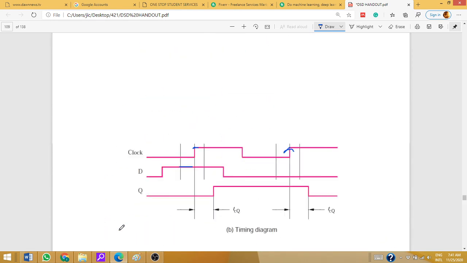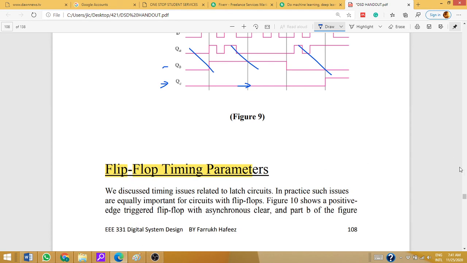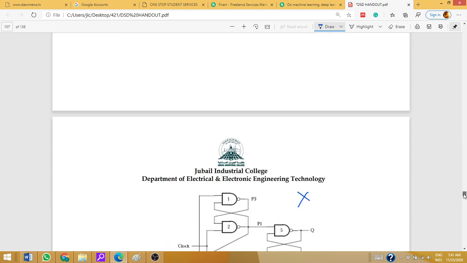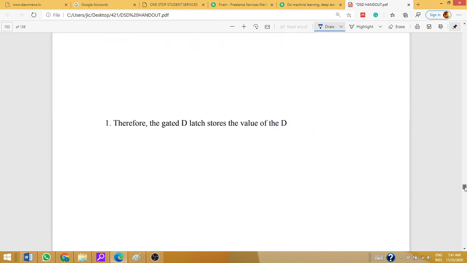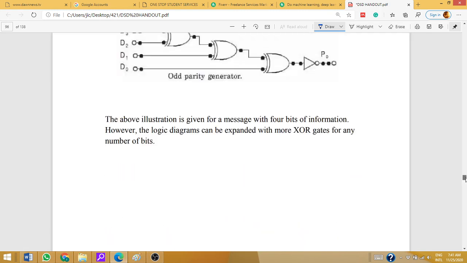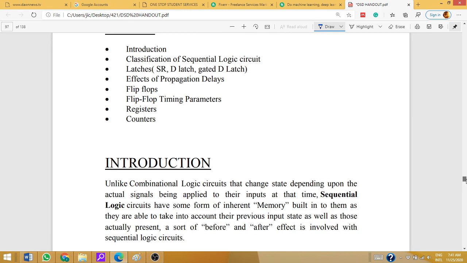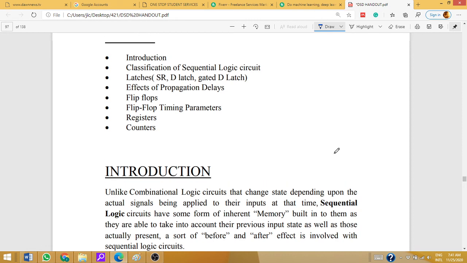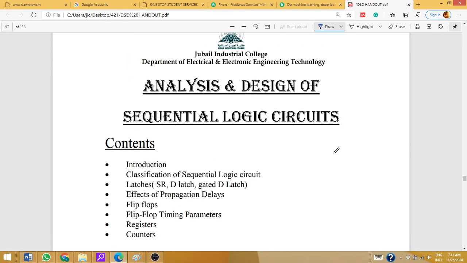What is included in next week's quiz? Too many things. Chapter 6, until the flip-flop parameters, is included.